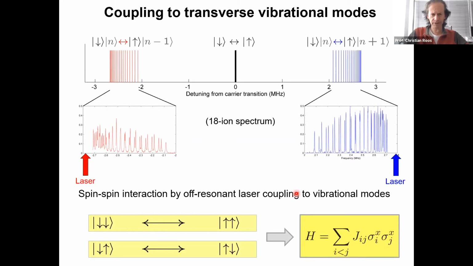And what I should mention at this point, something I forgot to put on a different slide: we have one more knob that we can play with. I told you that we have this bichromatic interaction that we can choose such that the sum of the two frequencies matches just twice the transition frequency. But we can also detune both of the lasers in the same direction by a little bit.